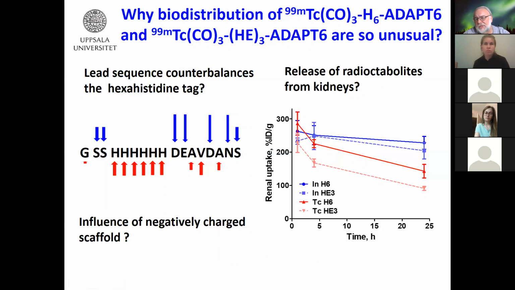So probably it's hepatic uptake and renal uptake which results in release of catabolites. But also important that N-terminal sequence of ADAPT has a number of amino acids which are either charged or polar next to hexahistidine tag, which probably neutralize its effect.